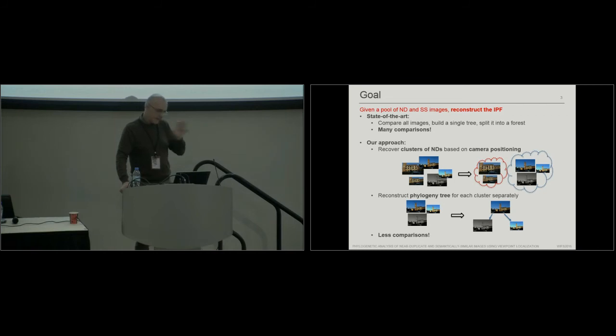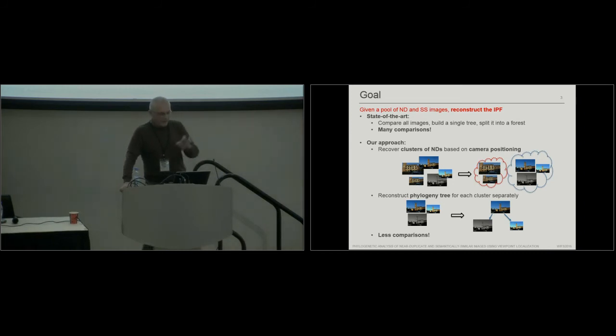Our approach is somewhat different, in the sense that we want to apply some preprocessing to the set of images in order to identify, as best as possible, images that are taken from the same viewpoint. These images taken from the same viewpoint constitute for sure a block of near duplicated objects.